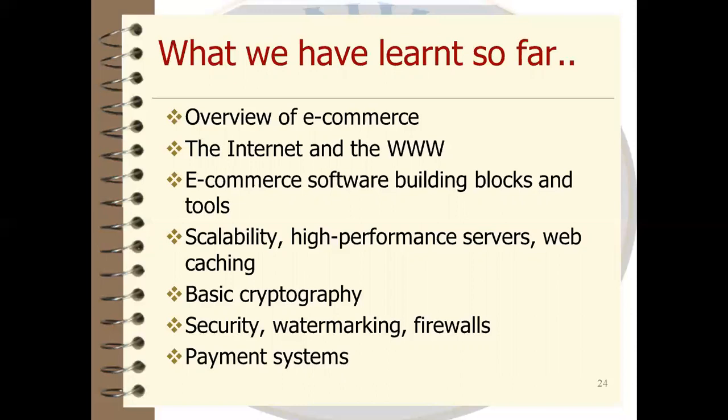There should be firewalls. There should be a cryptography system. There should be some watermarking for security purposes and the payment system. The payment system should include online payments, net banking, e-wallet, e-cash, and other digital options.